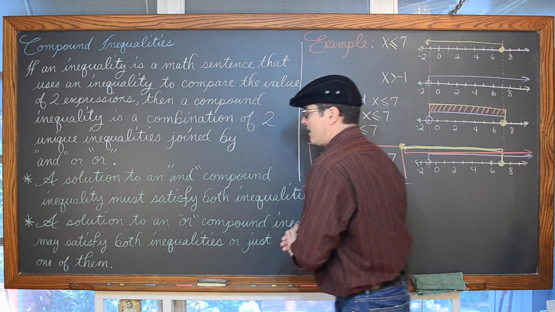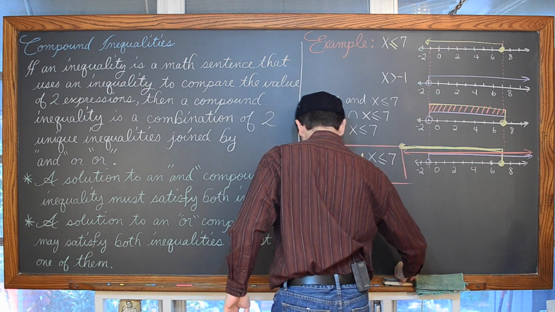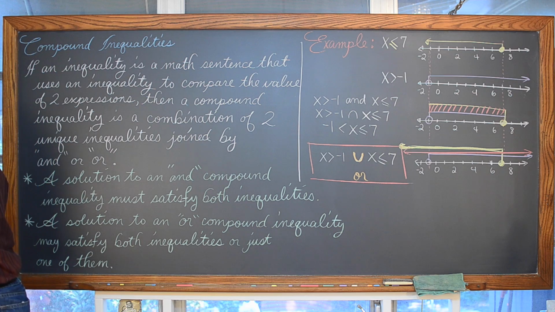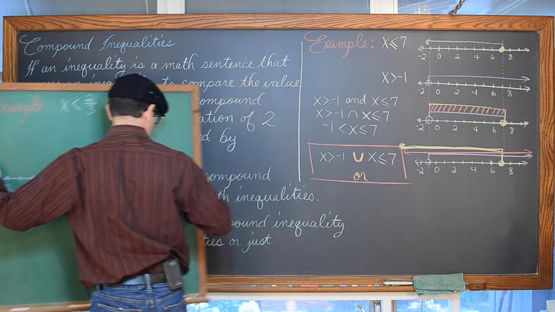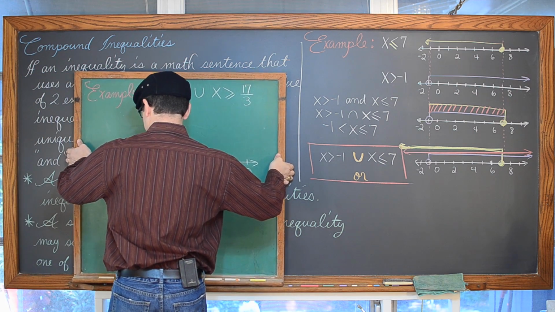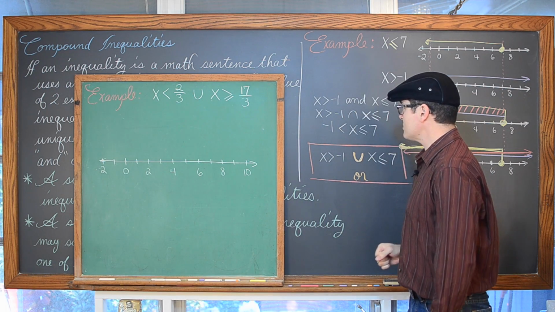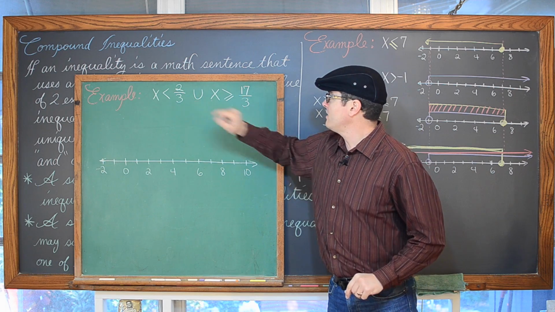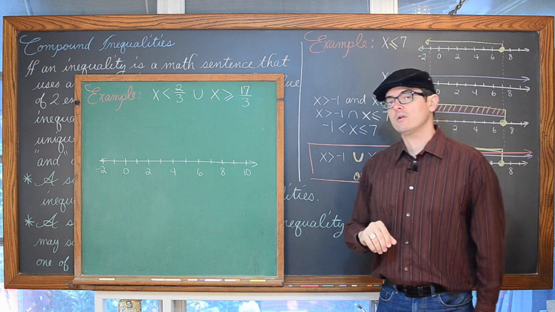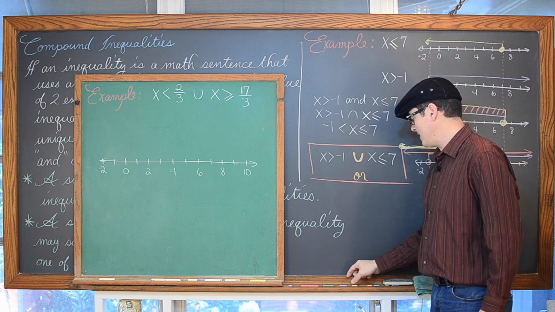Now, maybe a little bit of a better idea with this compound inequality with the word or. Let me break up my fancy picture. We have x is less than 2/3, or the U symbol opening up, x is greater than or equal to 17/3.